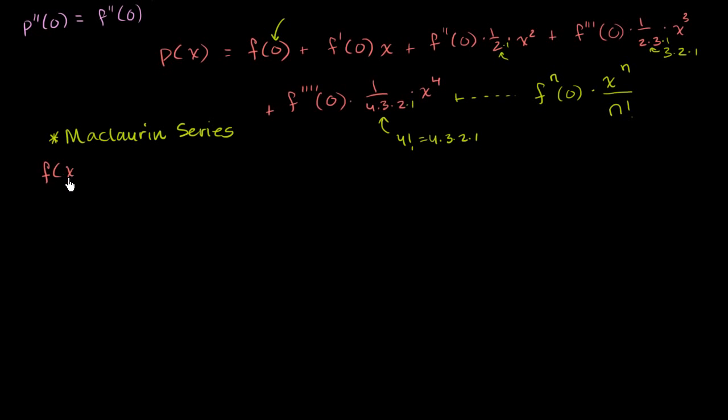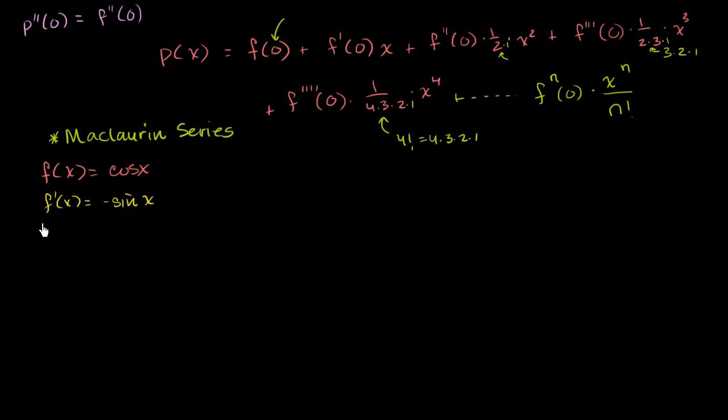So if f of x is equal to cosine of x, then before I even apply this formula that we somewhat derived in the last video, let's take a bunch of derivatives of f of x just so that we have a good sense of it. If we take the first derivative, the derivative of cosine of x is negative sine of x.